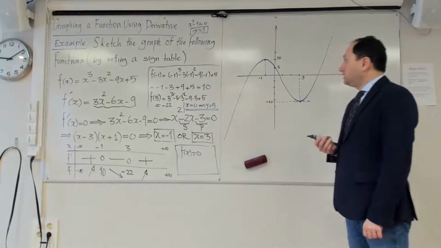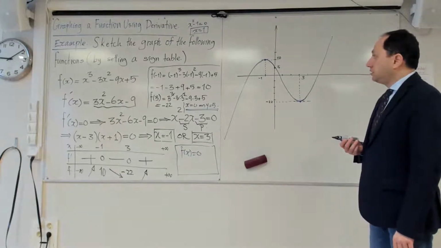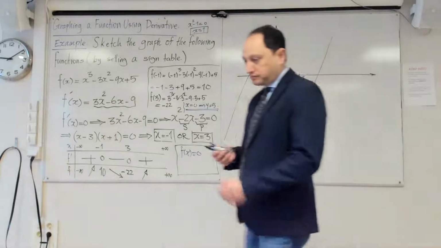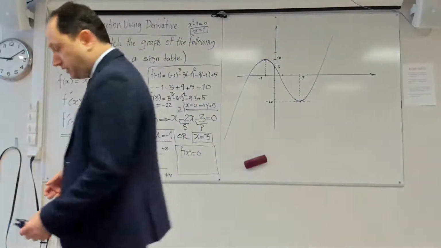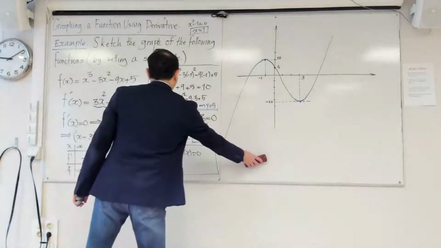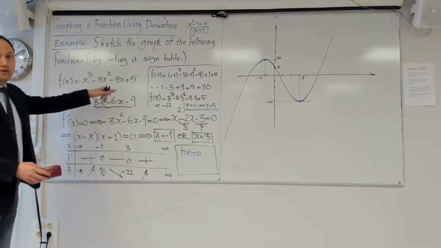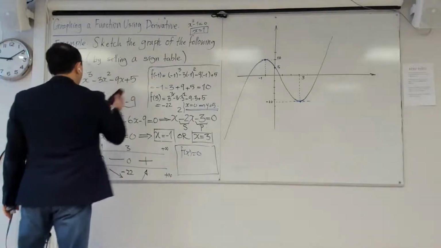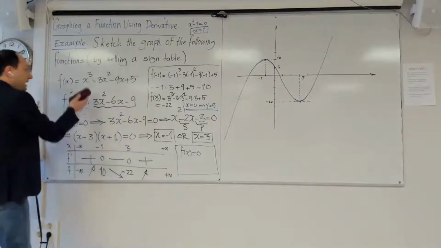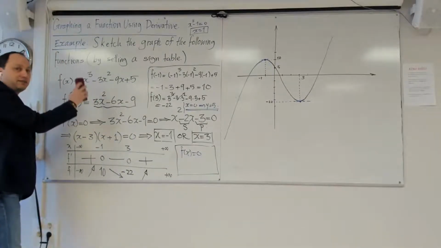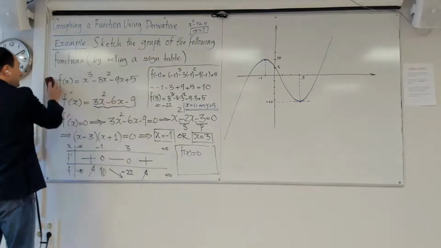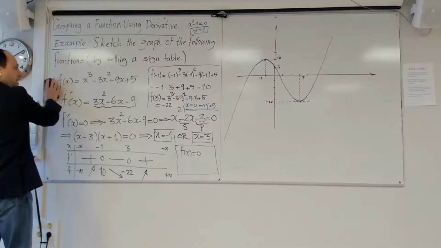So now let me give you another example. This example, let me choose an interval. So this is one type of problem in the book. Sometimes there are no intervals, and sometimes they give you an interval and ask you to draw the graph within that interval. So let us just do one of those examples, and then we can finalize the lesson today.